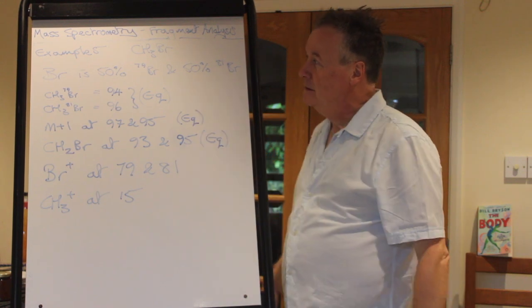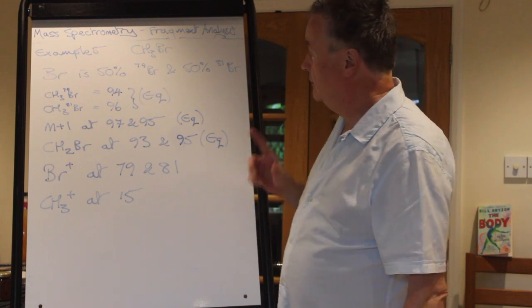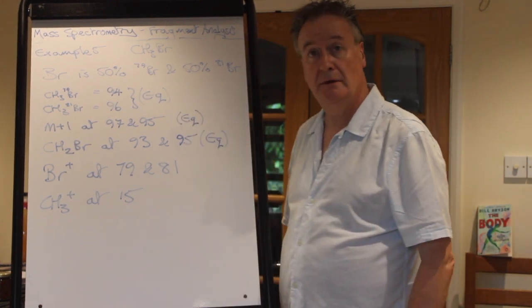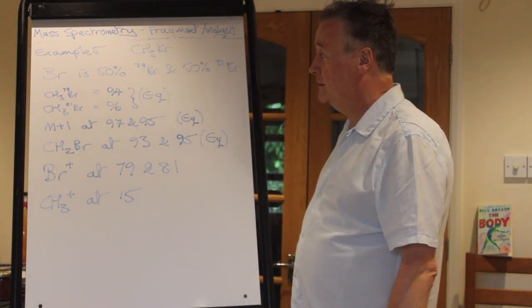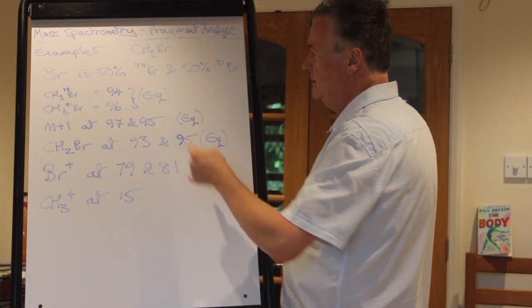94 and 96 are going to be the two molecular ion peaks, and they'll be equal height because the bromine will be one of either 81 or 79. So it'll be a 96 and 94.